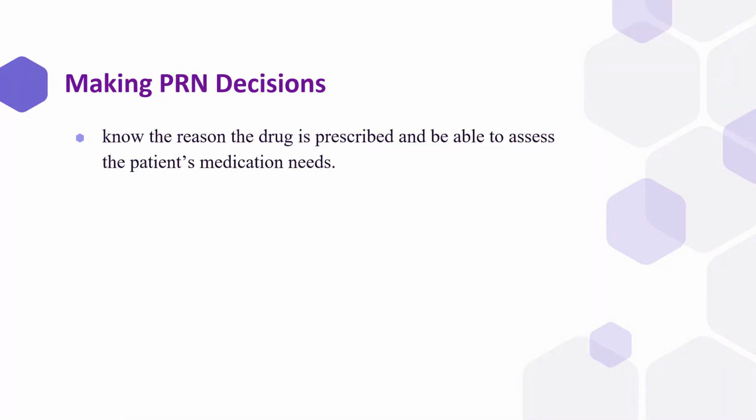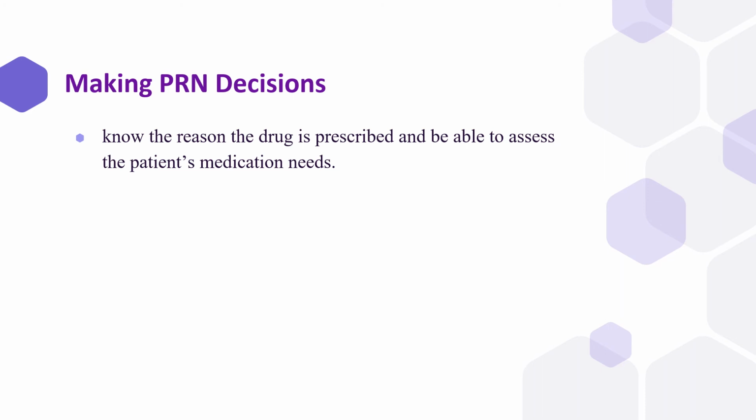Next would be making PRN decisions. PRN stands for pro re nata, a Latin phrase meaning as needed. So a PRN decision is a medication order in which the nurse has discretion regarding when to give the drug and in some situations how much drug to give.